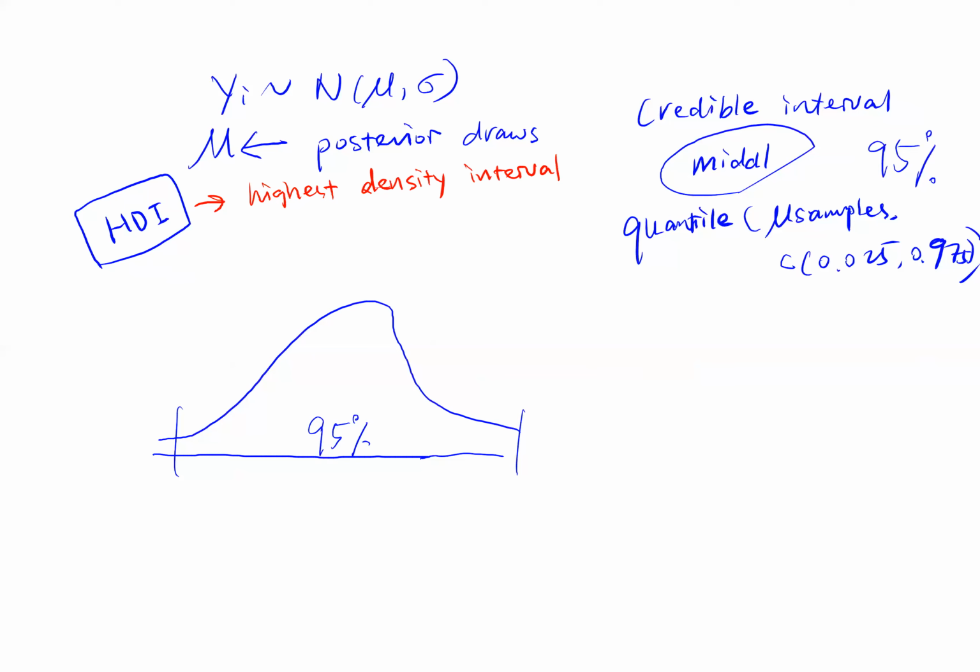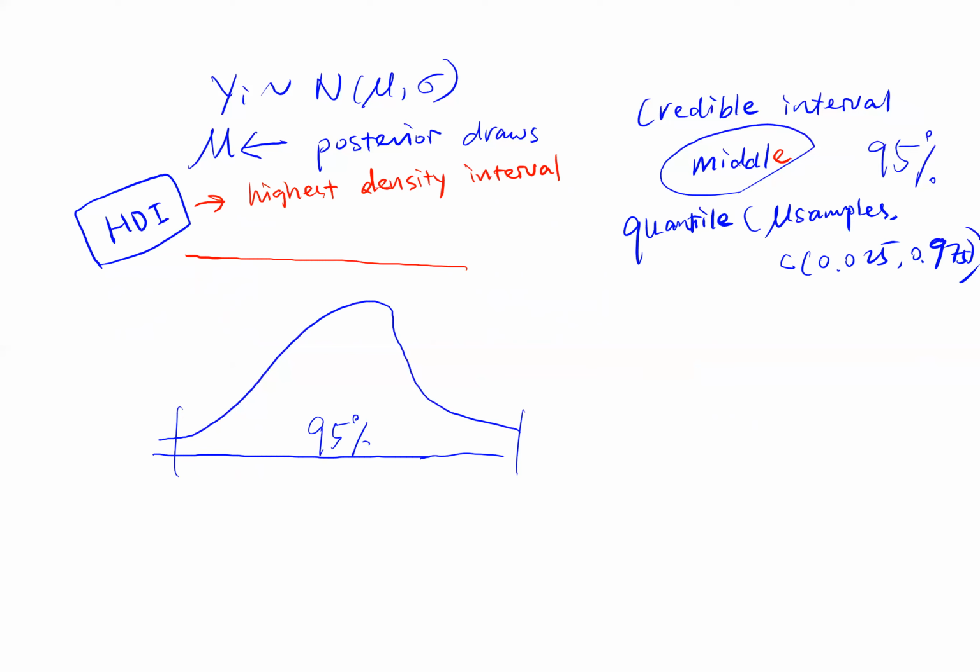It's not that I care about the middle. I know the middle tells me something, but I want to get the range of the highest 95% of my posterior.